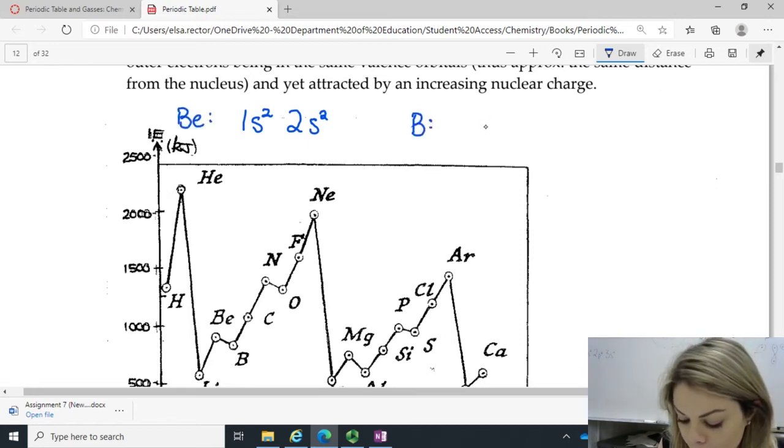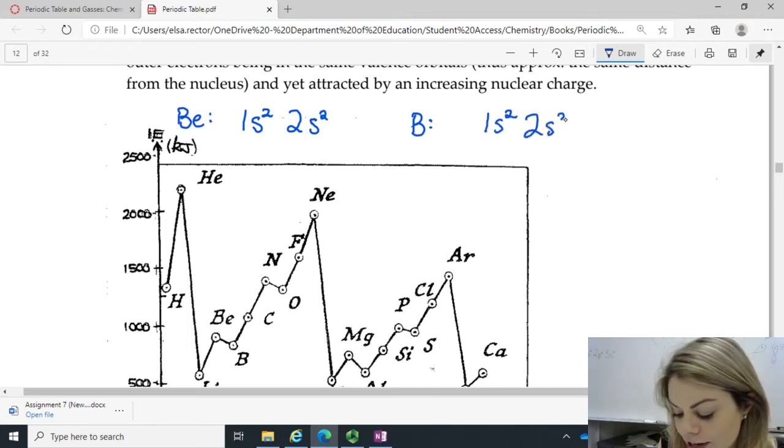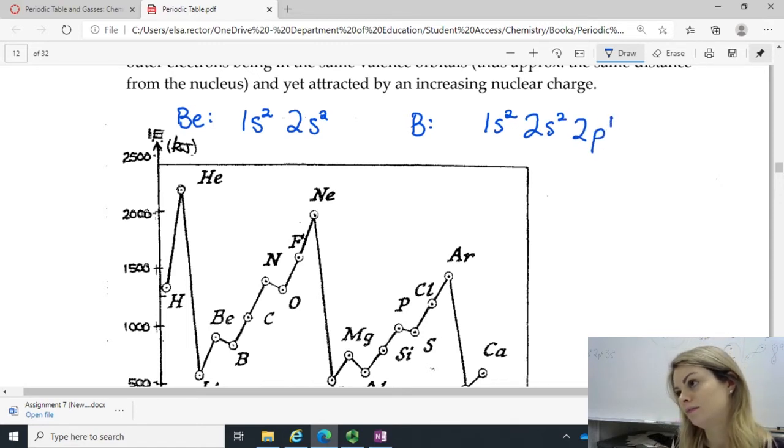Boron has 1s2, 2s2, 2p1. And so the p1 is just its little lone electron all by itself in the p subshell. Whereas our s subshell is full, and we know that fullness means stability, right?